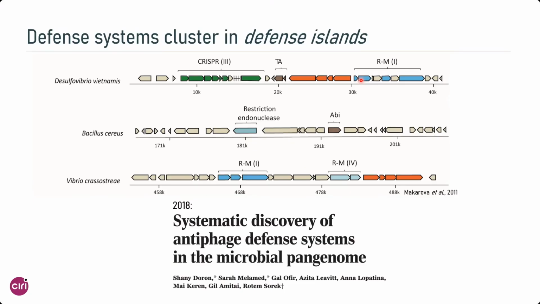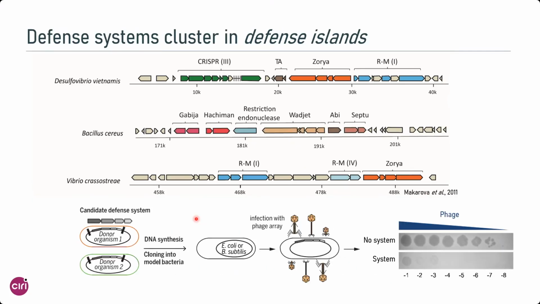And this approach was very successful because it led to the discovery of 9 new defense systems in a single study. The predictions were purely bioinformatic, but they were combined with experimental work. You can predict defense systems using this association next to known defense systems, then synthesize the DNA encoding these candidates, introduce it into a model like E. coli or Bacillus subtilis, and then infect it with phages.